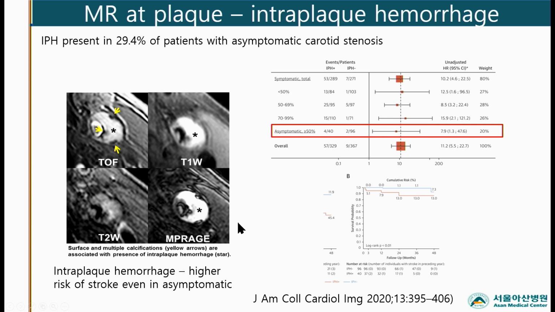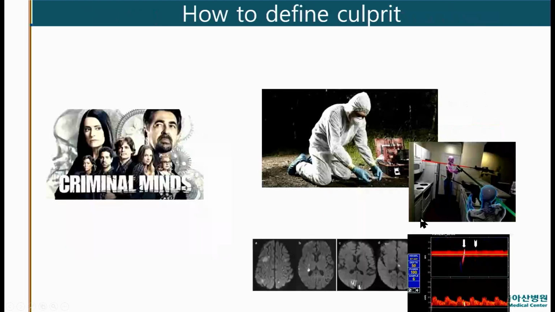Among asymptomatic patients, if there is an intraplaque hemorrhage, the risk of ischemic stroke increases about 8 times compared to those who do not have it. And this can also be a promising imaging marker for evaluating high-risk plaque in asymptomatic patients.